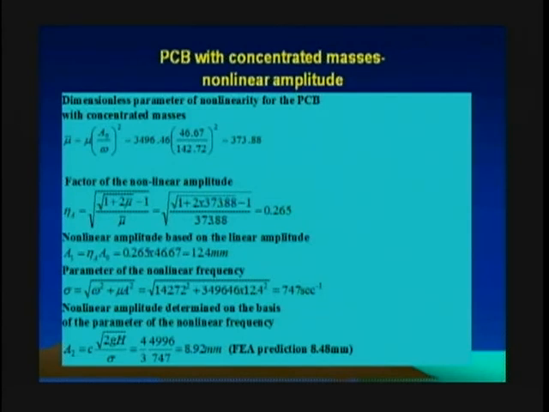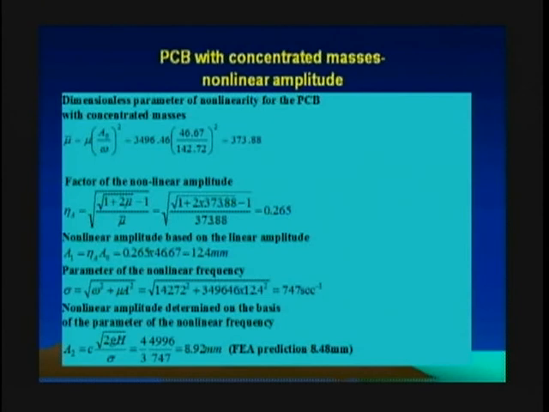Nonlinear, take a look what we did. We pre-calculated mu, which is the parameter of nonlinearity. We calculated the mu with a bar, which is the dimensionless parameter of nonlinearity. Then we calculated, based on the formula that we derived and discussed earlier, the factor of the nonlinear amplitude.